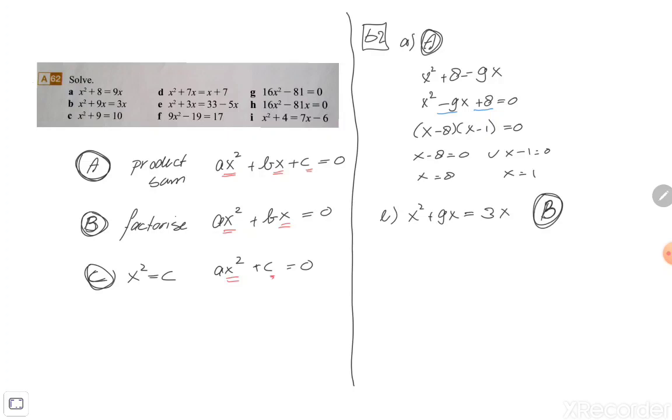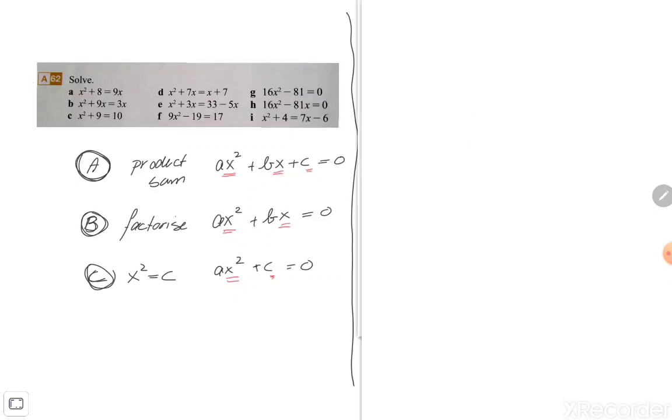Again, we need to create on the right side is equal with 0. So you get x squared plus 6x is equal with 0. Factorize to put the x outside the bracket. Get x times x plus 6 is equal with 0. So x is 0, or x plus 6 is 0. So x is minus 6. There you go.